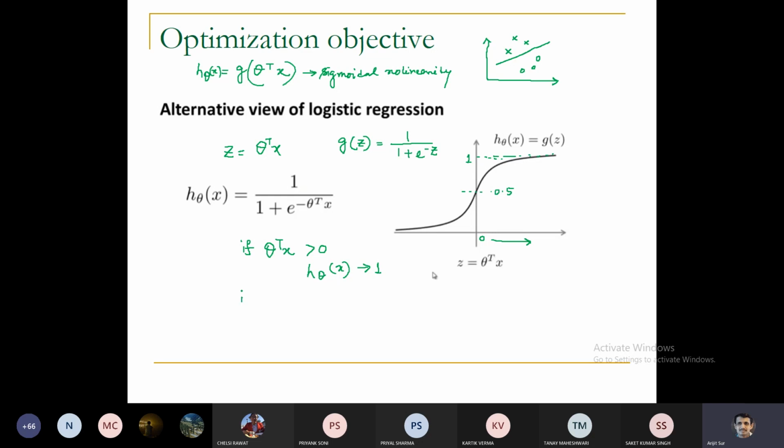If theta transpose x is less than 0, then h theta x is converging to 0. So this is the sigmoidal nonlinearity.